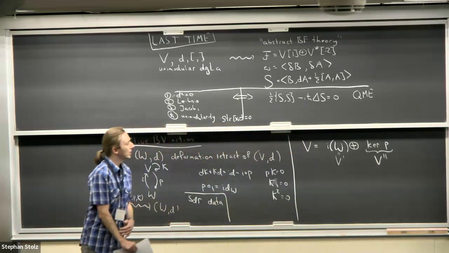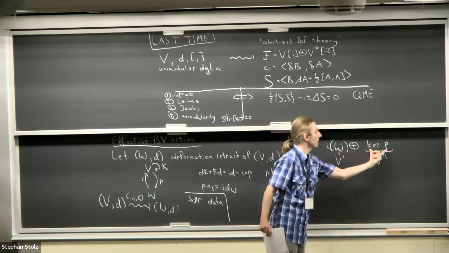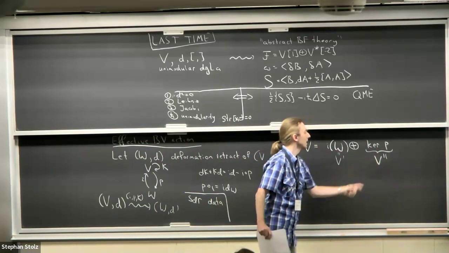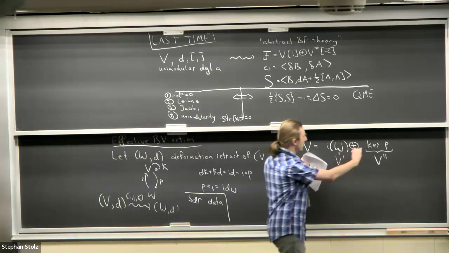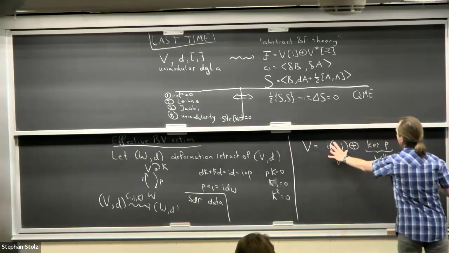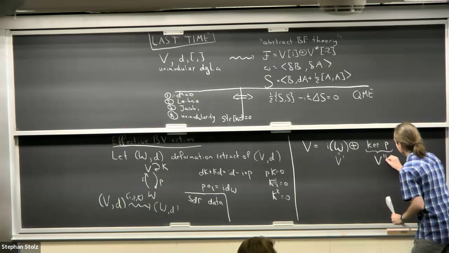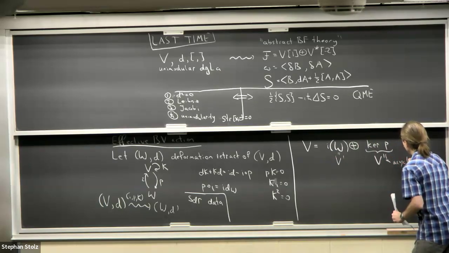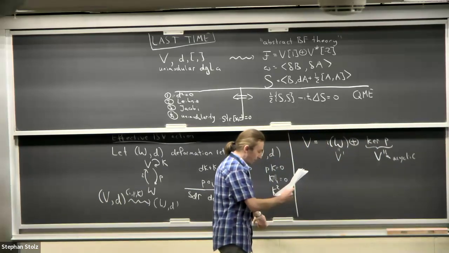So what we have here is a splitting of V into the image of the small complex plus a complement, and the complement is acyclic. That follows from the existence of K. So it's a splitting into subcomplexes. I think of this as a small subcomplex, this is a huge subcomplex, and this one is acyclic, so it has vanishing cohomology.